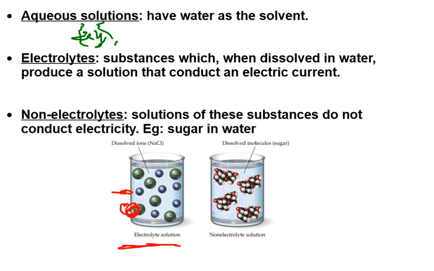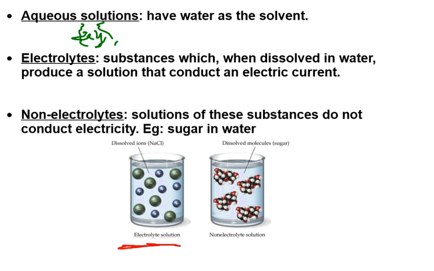Because they're separate, if I try to put an electric charge through the solution, the electrons can actually move through the water because there are charges that will repel and attract them. So that allows me to move electricity through it, and therefore I have an electrolyte.